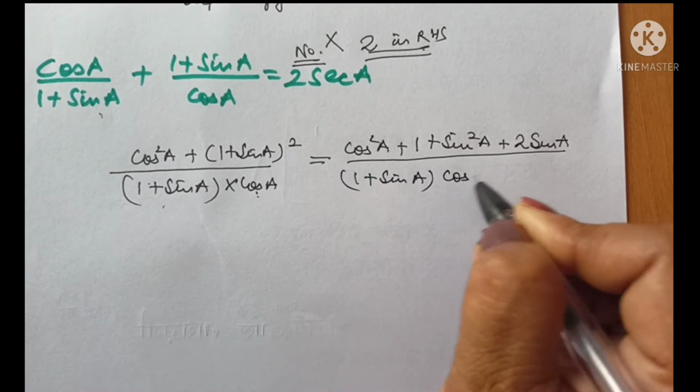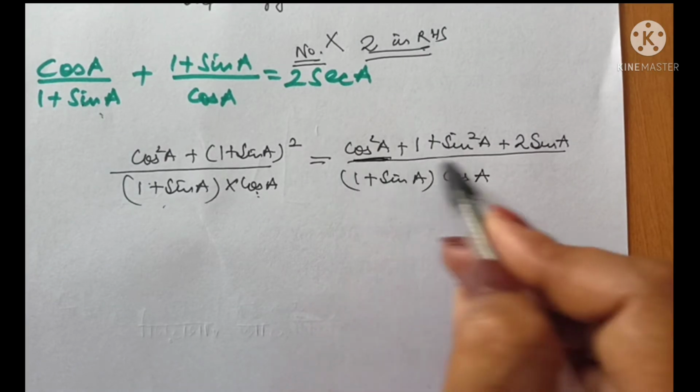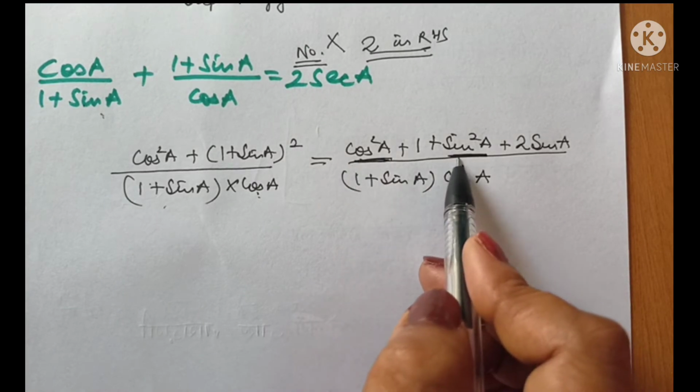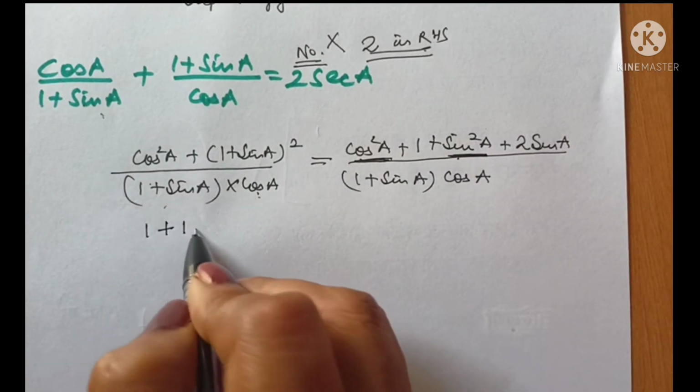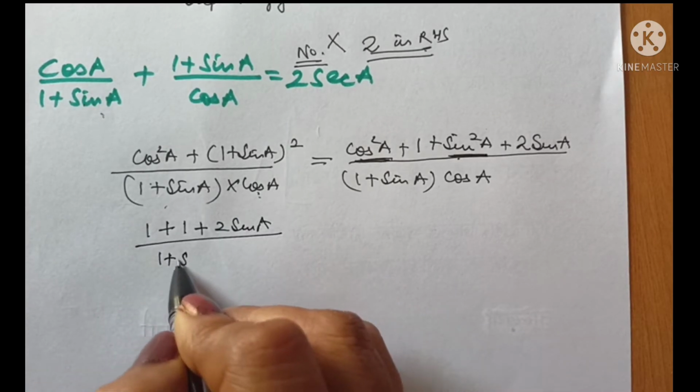Rest it depends upon the question. Here we are not going to open it. Now see, wherever you find cos square A plus sin square A, put it 1. Now this cos square A plus sin square A becomes 1. I get 1 plus 2 sin A. Denominator as it is, no change.